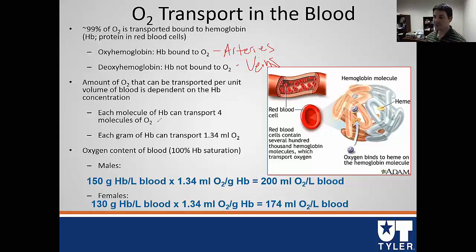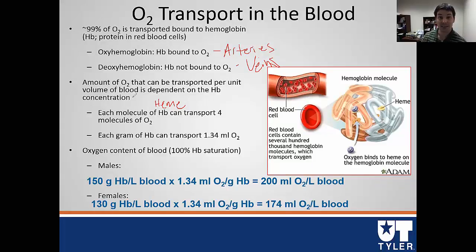So each molecule of hemoglobin has what we call 4 sites of heme. These are iron type, essentially have an iron backbone in this hemoglobin that is able to reversibly bind oxygen loosely, right?